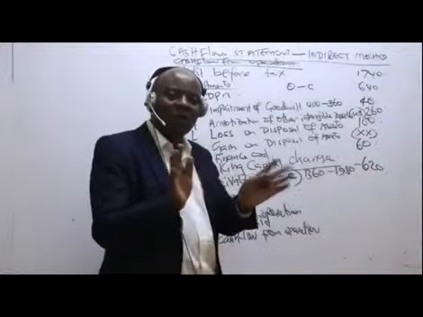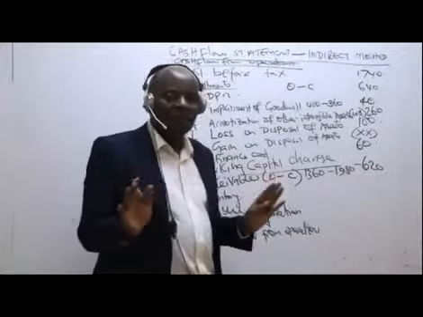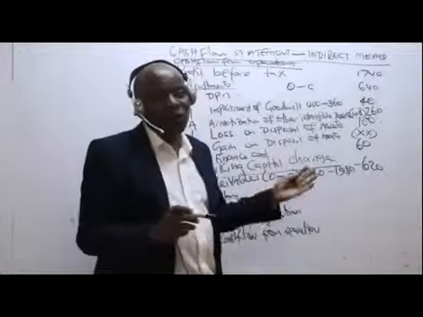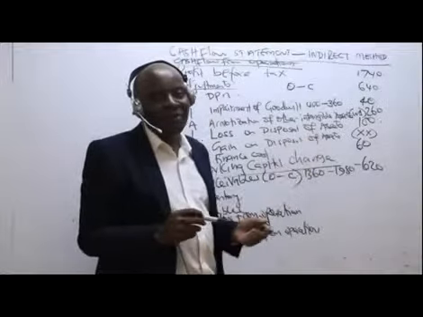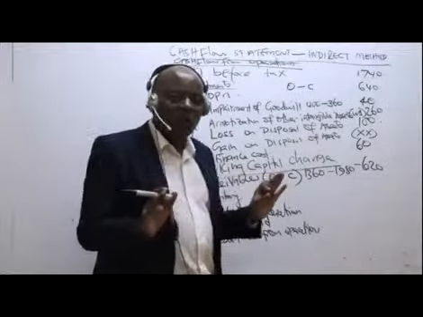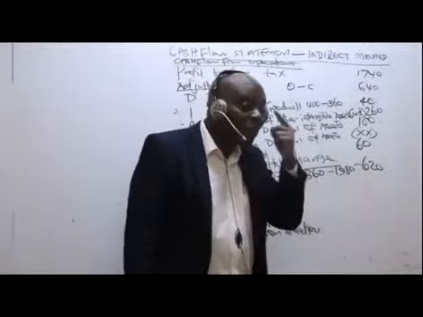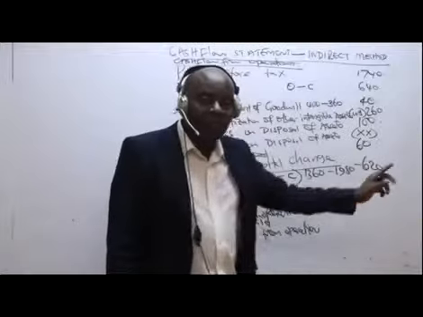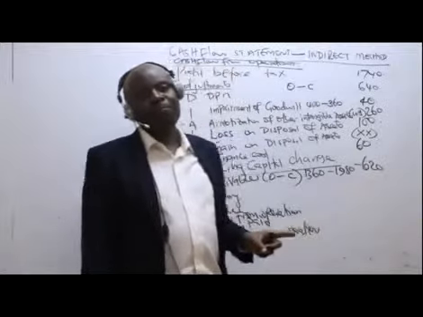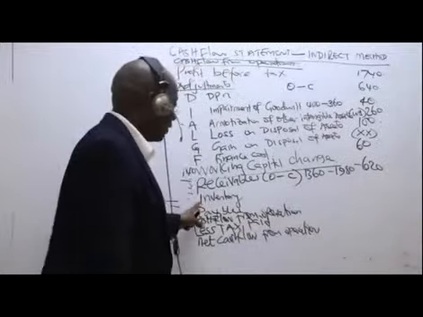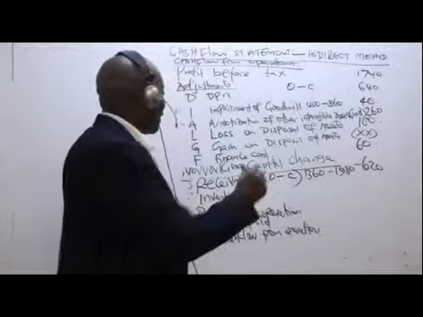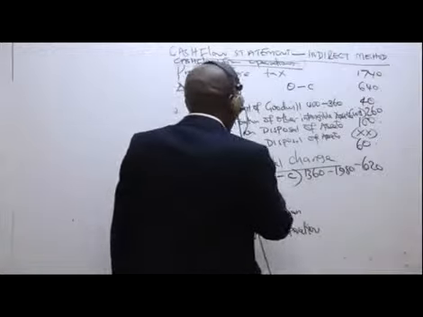Don't try even to argue whether it's an increase or a decrease. Nobody will mark you right or add an extra mark for writing decrease. You just take opening minus closing. If the answer is negative, don't think. Simply write negative 620. Go to inventory. Inventory, again, it is O minus C.